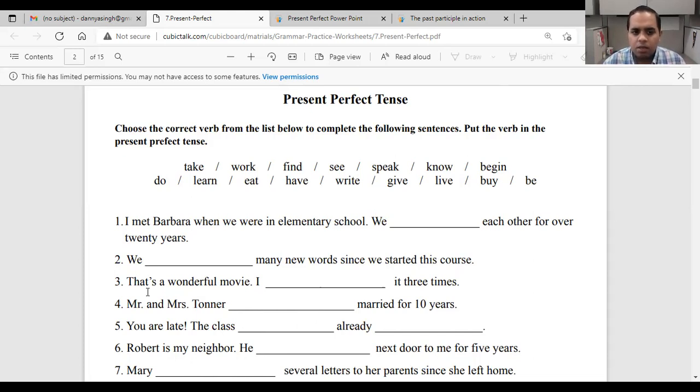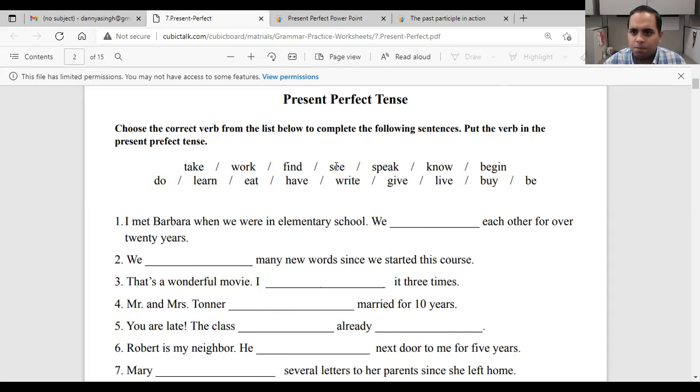Number 3, that's a wonderful movie. I blank it 3 times. Does anyone know what verb can we use for number 3? Good. We can use see. What's the past participle of see?